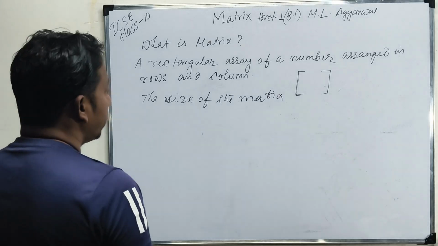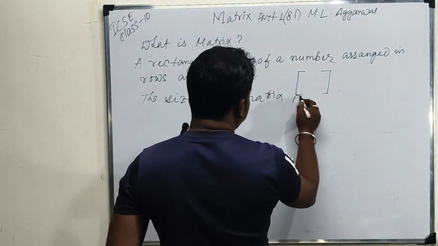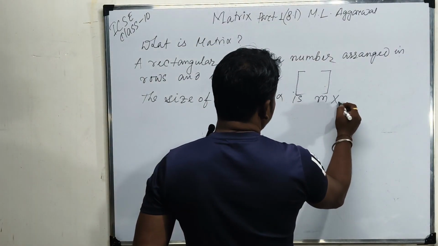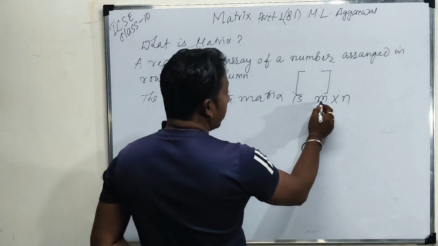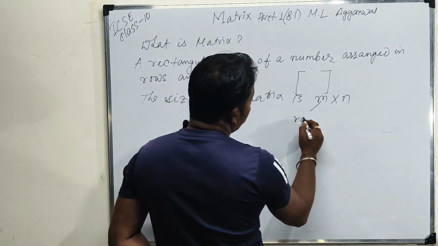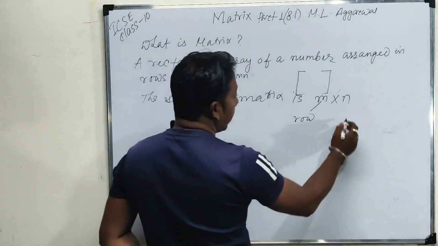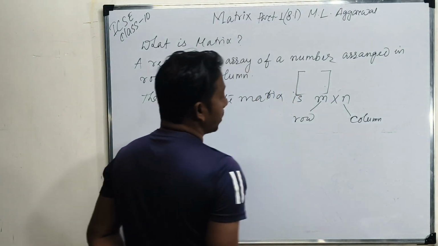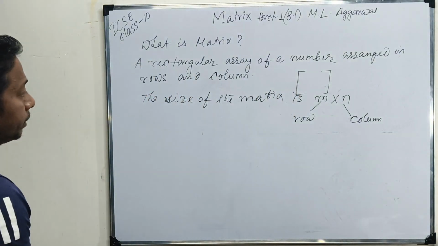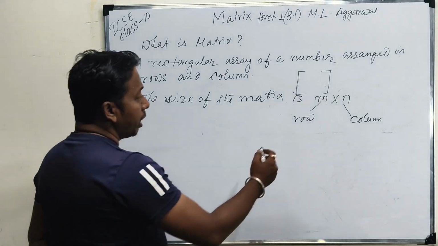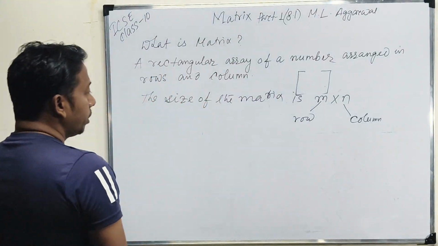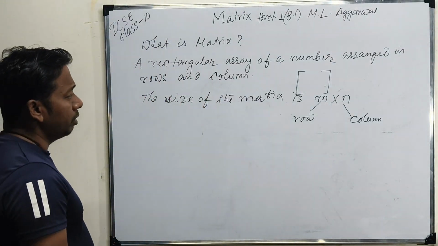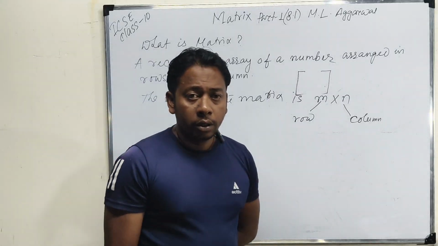The size of the matrix is M cross N. Here M represents the rows of the matrix and N represents the columns of the matrix. So the size of the matrix is denoted by M cross N. Clear? Now take an example, then it will be clear to you.